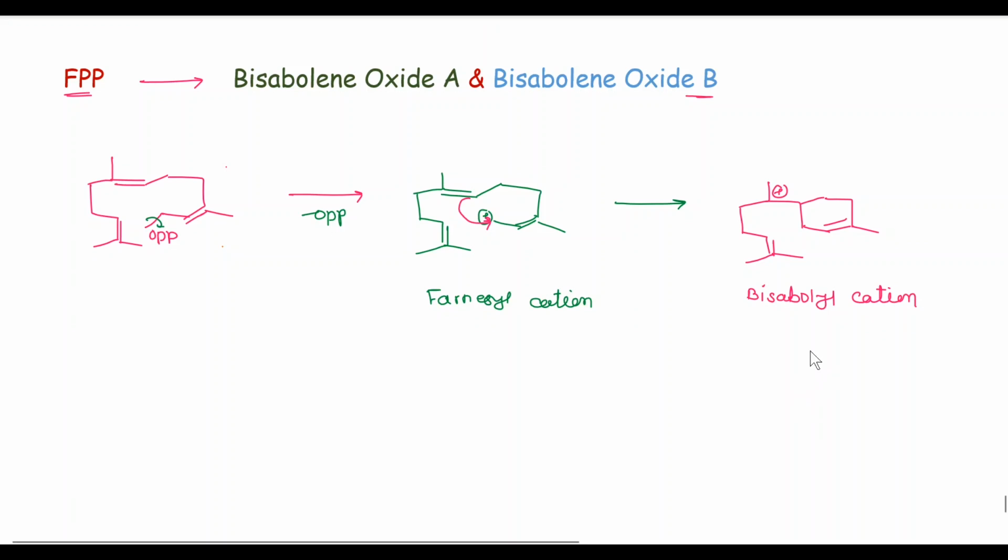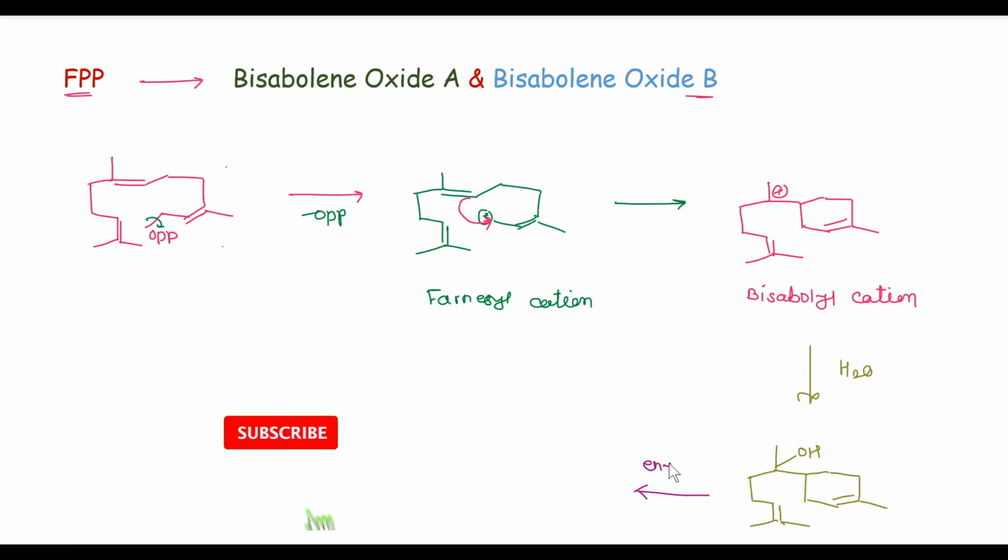In the next step, on addition of a water molecule, we get OH here. In the next step, on enzymatic oxidation of this double bond, we get an epoxide here.